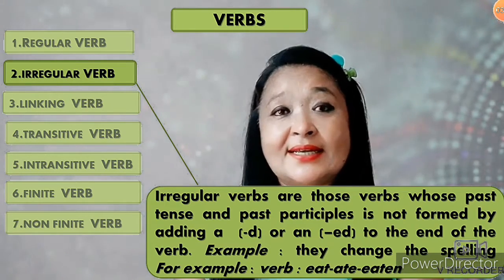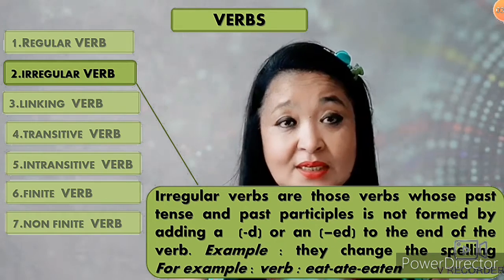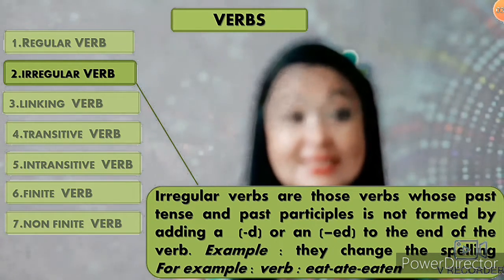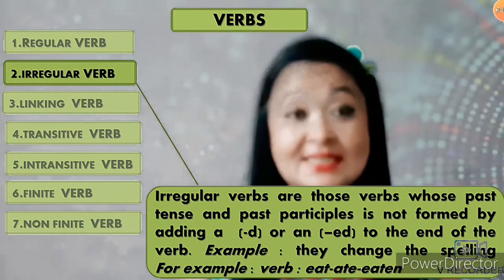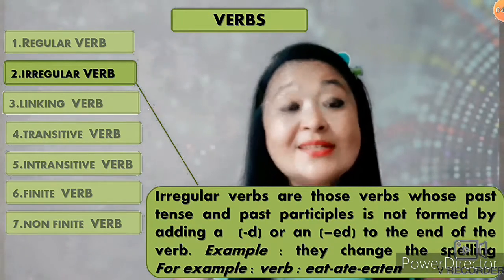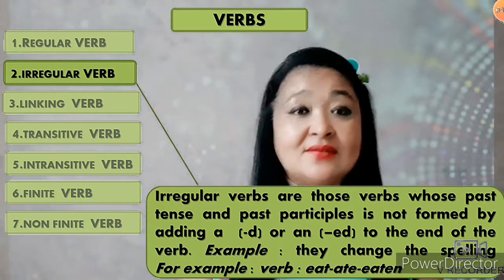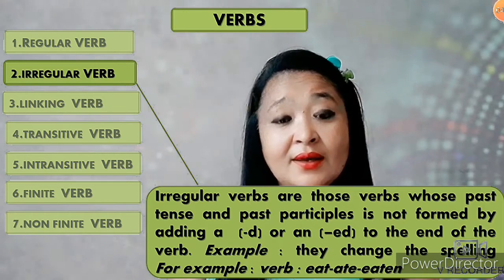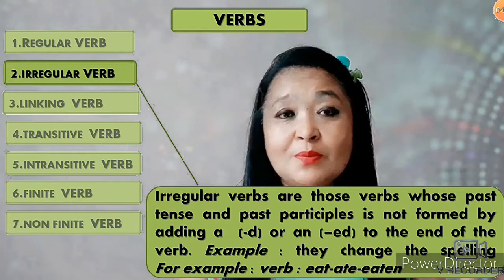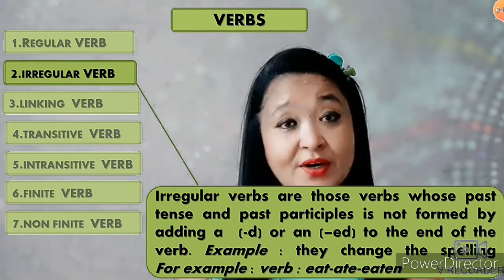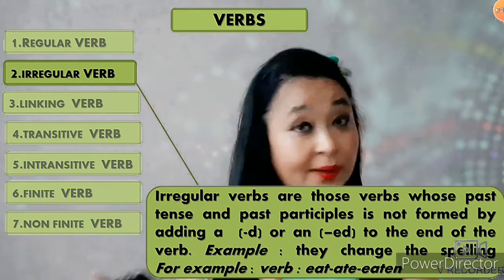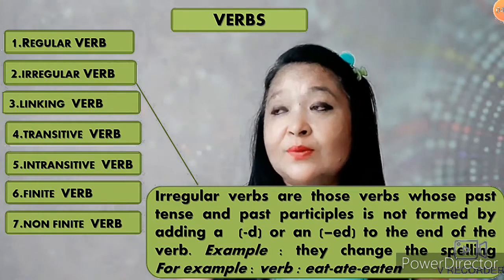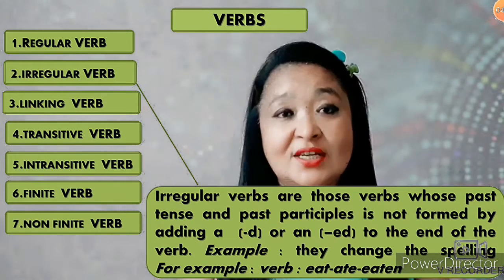Let's take the verb eat. What is the past tense of eat? It is not eated, and the past participle is not eated. That's wrong, right? The past tense of eat is ate, and the participle is eaten. So in these words, you did not make them by adding ed or d towards the end of the word. Their form is completely different from regular verbs. Such verbs are called irregular verbs, where even the spelling changes.